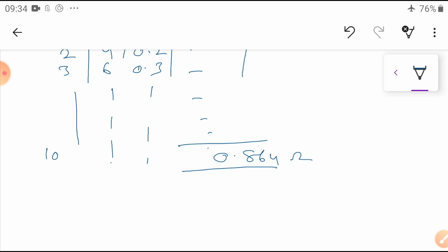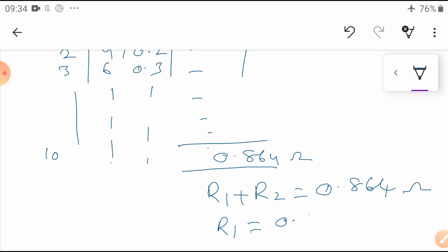So this is the value of R1 plus R2, for example 0.864 ohms. Then I suppose the two phases are equal, the winding being in balanced condition. So I require R1 equal to 0.864 by 2, and I am going to get nearly 0.432 ohms. This is R1, I am taking this reading.